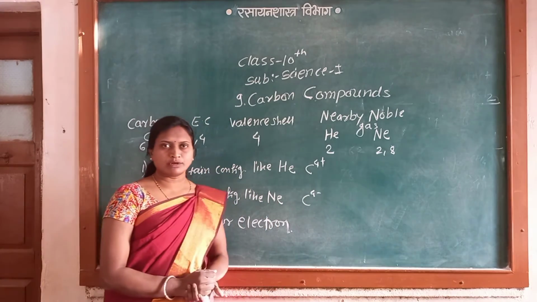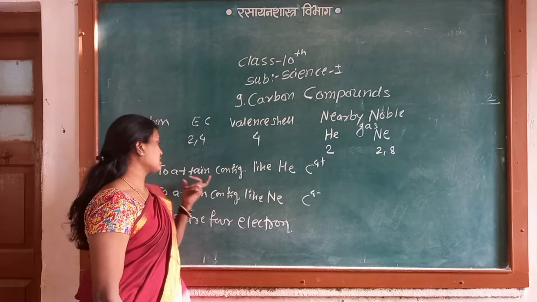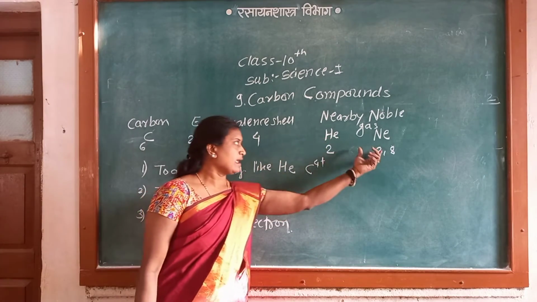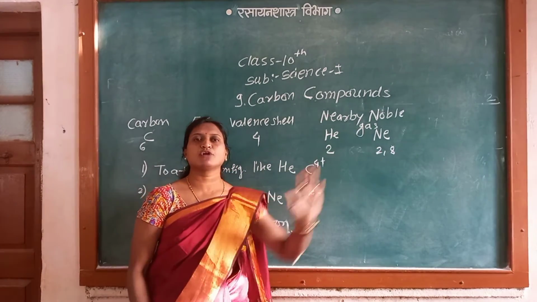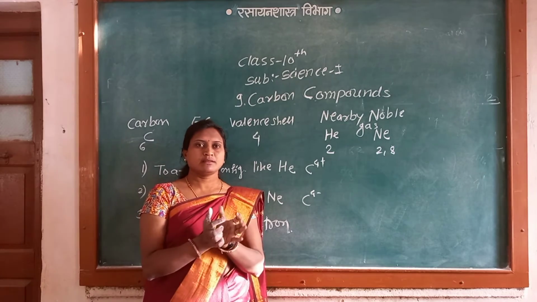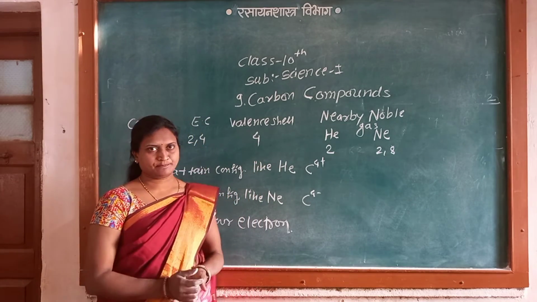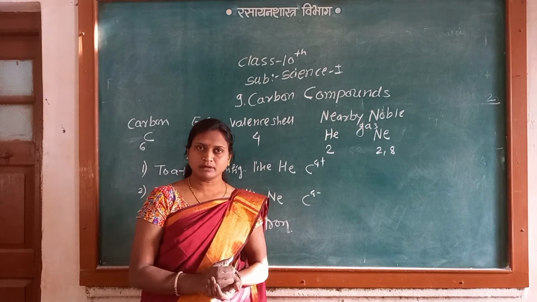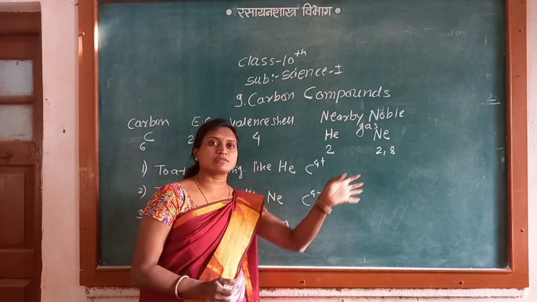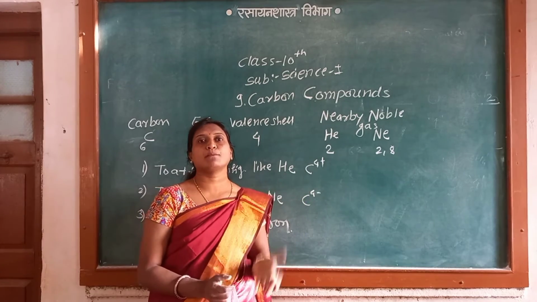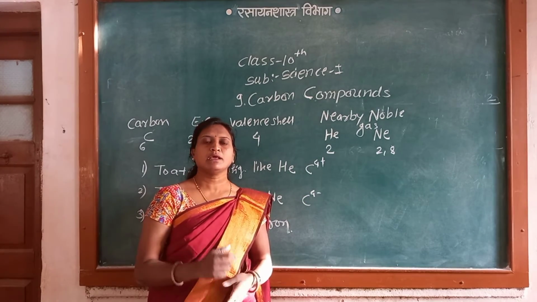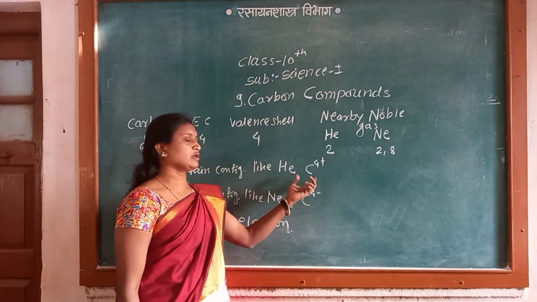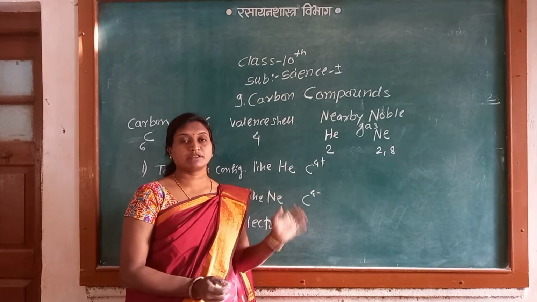The first route to form the carbon compound is to attain the configuration like helium by donation of 4 electrons. Listen, these are only in the second shell, so these 4 electrons are strongly bonded with the nucleus, and to lose these 4 electrons requires a large amount of energy. It is not easy for carbon to lose these 4 electrons and convert to C4+ ions. So it is a very difficult task.